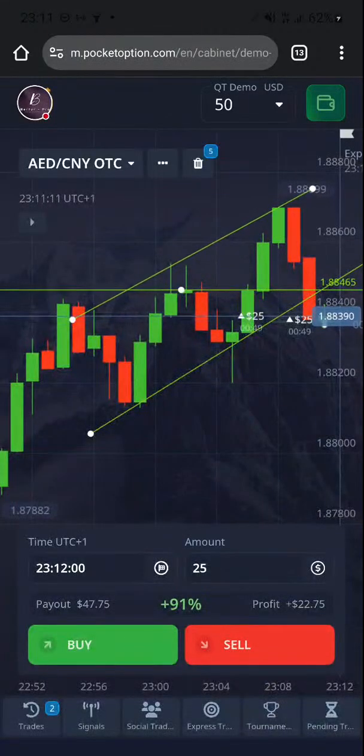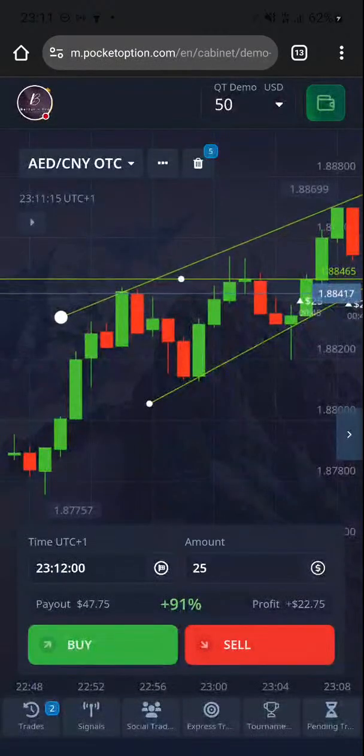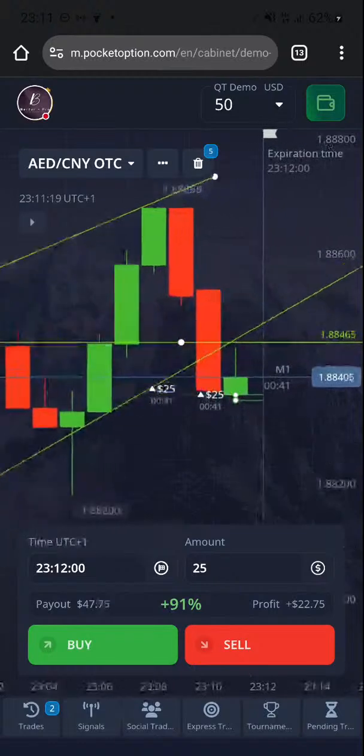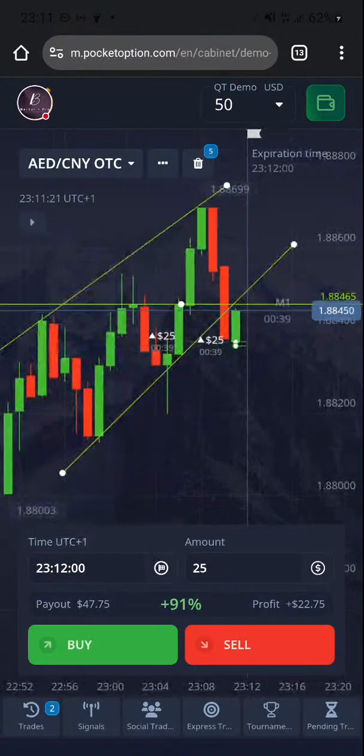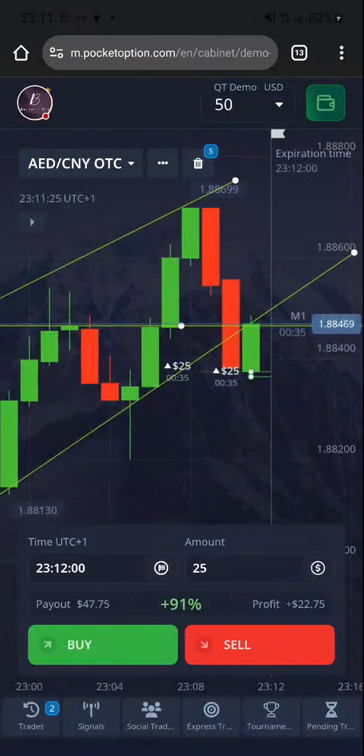Let me mark this price channel. We're in a price channel right now, so I'm expecting the buyers to come in because we just touched a buyer's entry. Also, we just broke this formation.